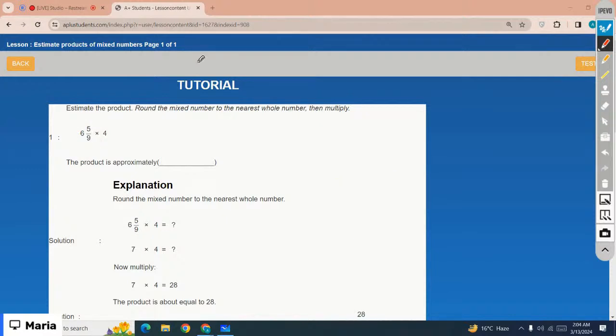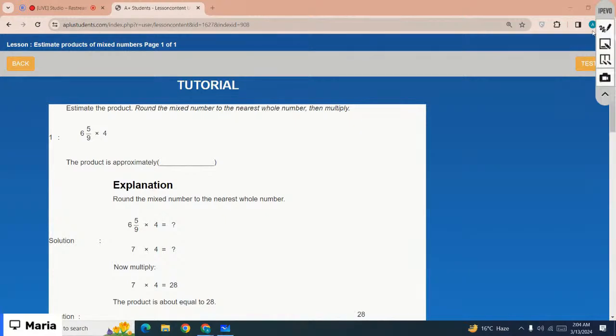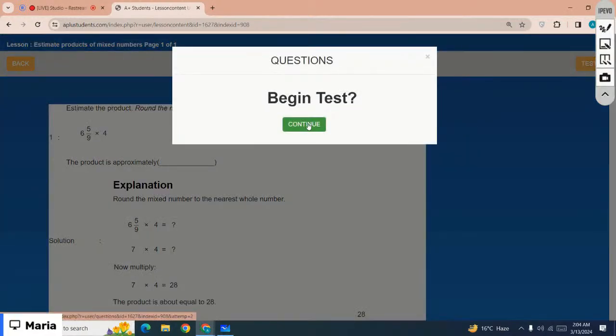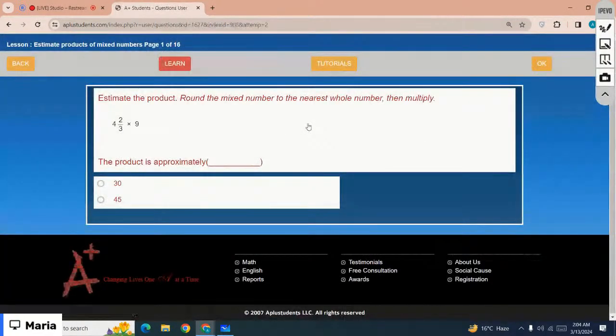Let's start with the practice questions. The basic thing here is you have to round off the mixed number. You just see the fraction. If the fraction is more than half, you round up.